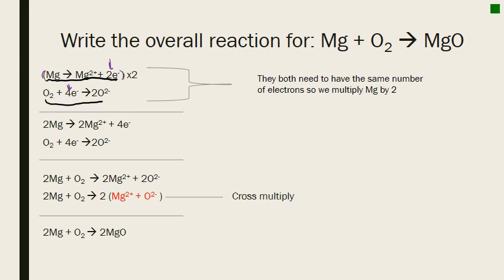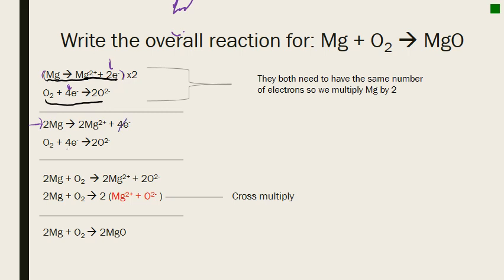Okay, so this will give us 2Mg goes to 2Mg2 plus 4 electrons. So literally we are just timesing the equation by 2. 2Mg goes to 2Mg2 plus, and 2 times 2 is 4 electrons. And now we have got the same electrons, we can remove them.